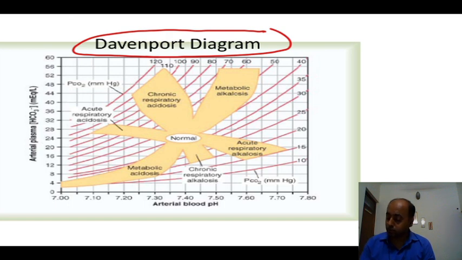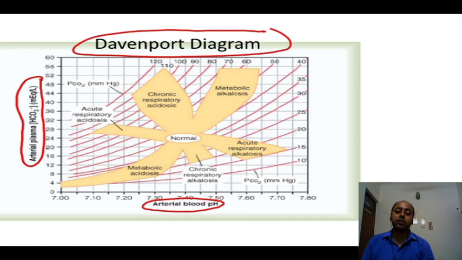It has three values. On the x-axis we have arterial blood pH. On the y-axis we have the bicarbonate concentration, and the remaining two axes are used to plot the pCO2 values.